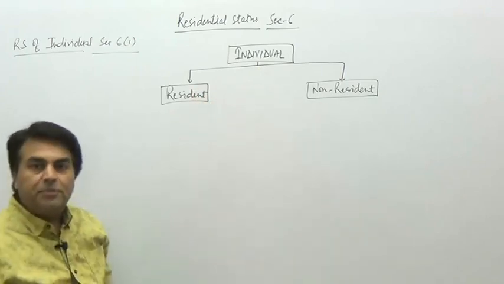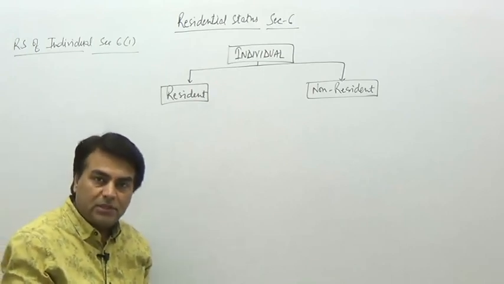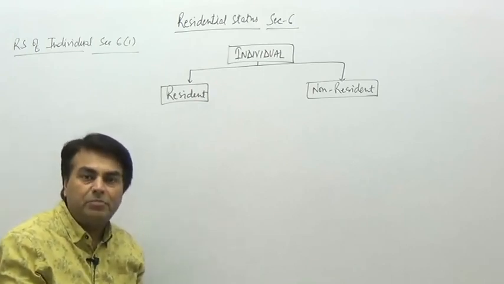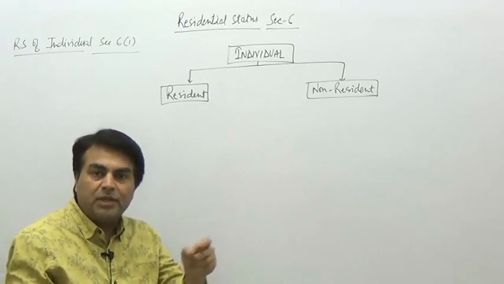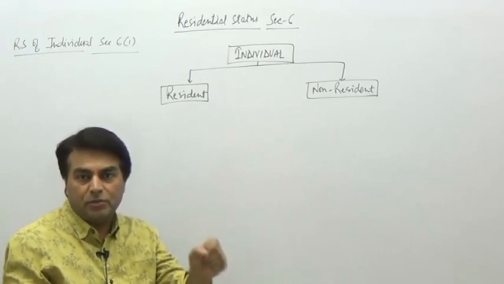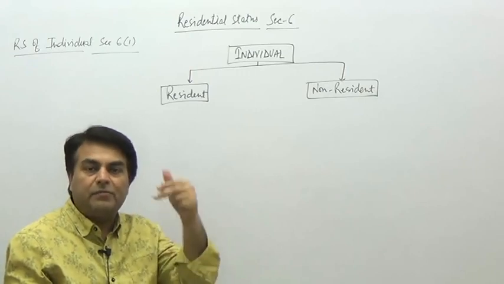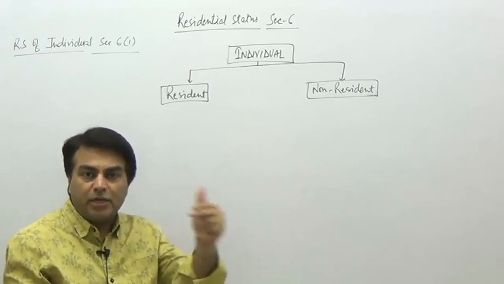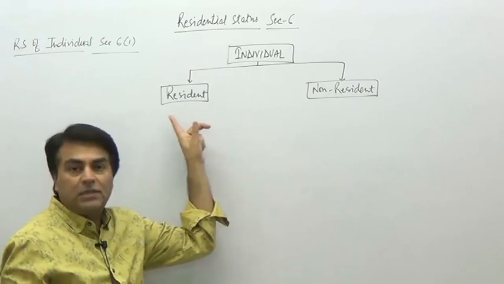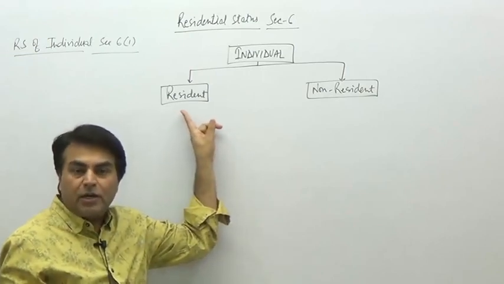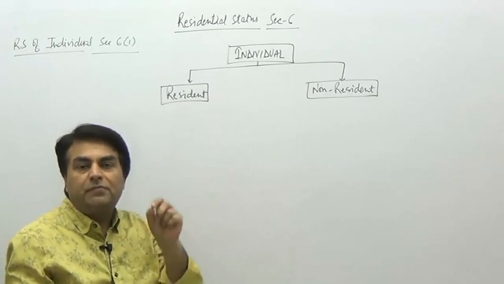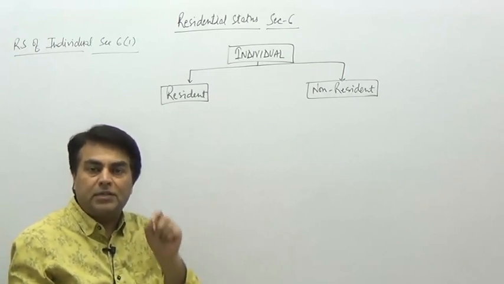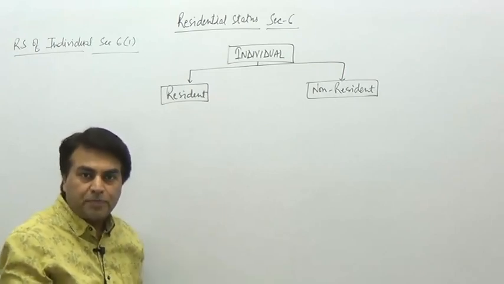Okay? Now please see, if he becomes the non-resident, that means this is the final stamp on him. He has now become a non-resident. Okay? Non-resident is a final status for an individual. But simply calling an individual resident, resident is not the final RS, the final status of an individual.